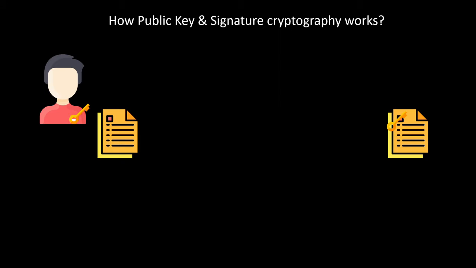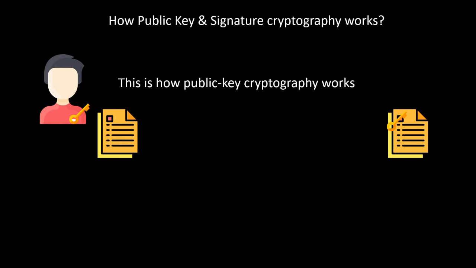Here, the important thing is only Alex can decrypt it as he has the private key. Others who don't have the private key cannot decrypt it. This is the power of public key cryptography. This was the public key cryptography part.